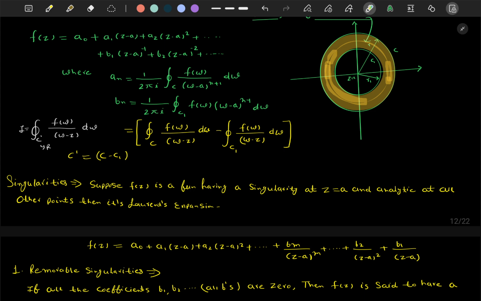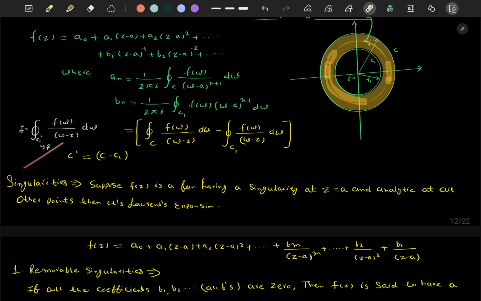So f(z) will be a naught plus a1 (z minus a) plus a2 (z minus a) square plus dot dot dot to infinity, plus b1 times 1 upon (z minus a) plus b2 times 1 upon (z minus a) square, and so on, where an is 1 by 2 pi i integral of f(w) by (w minus a) to the n plus 1 dw, and bn is 1 upon 2 pi i integral of f(w) (w minus a) to the n minus 1 dw.